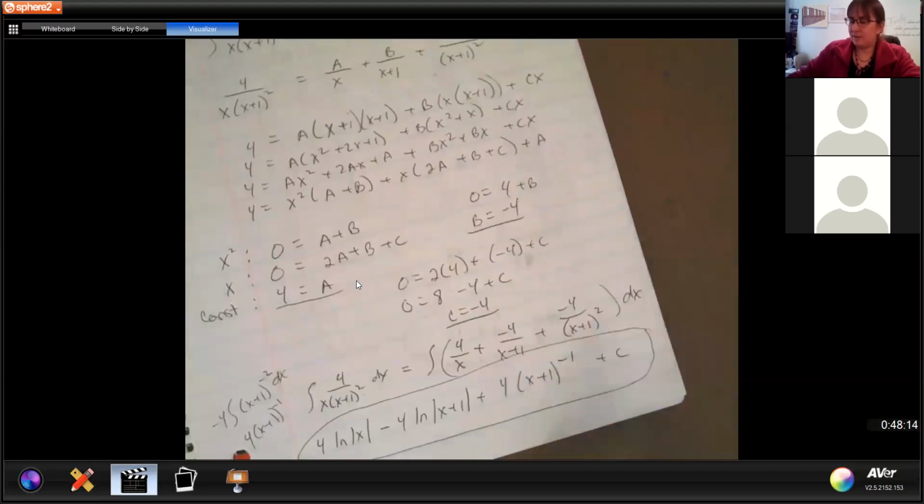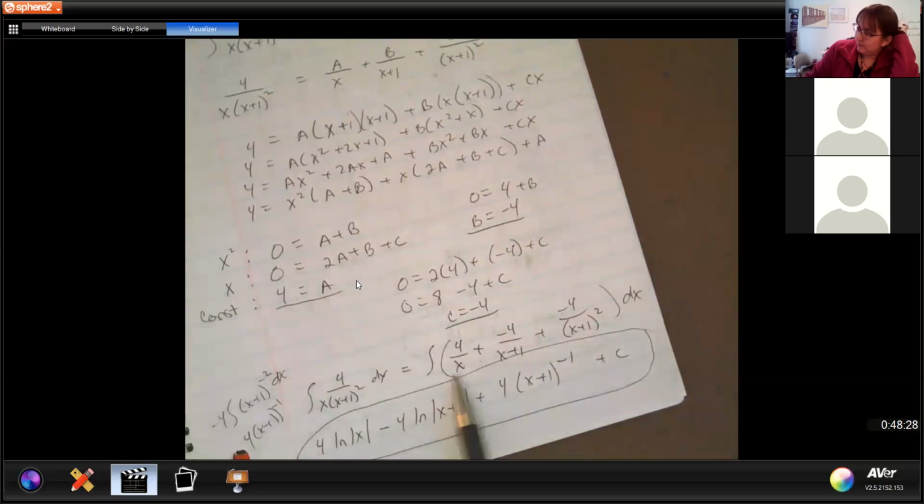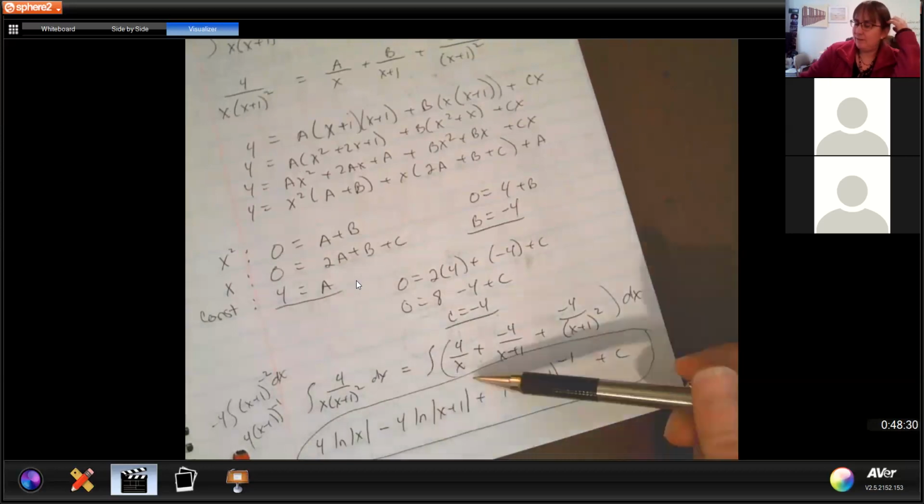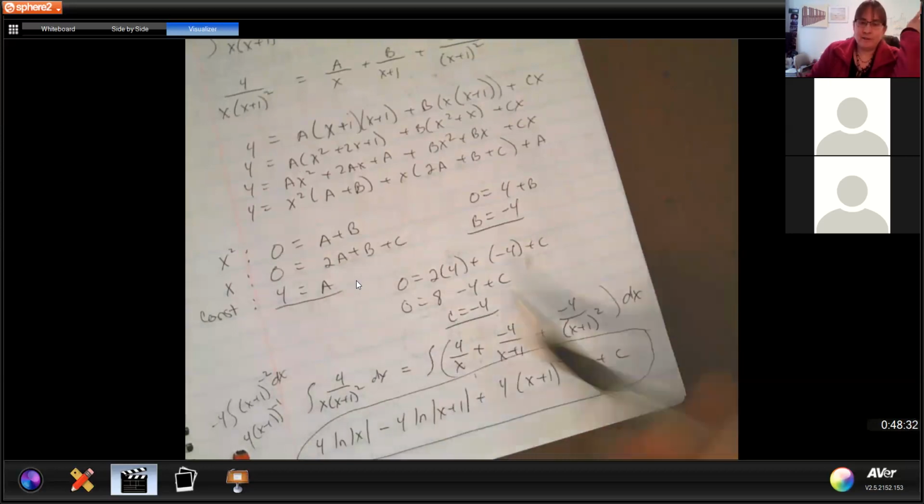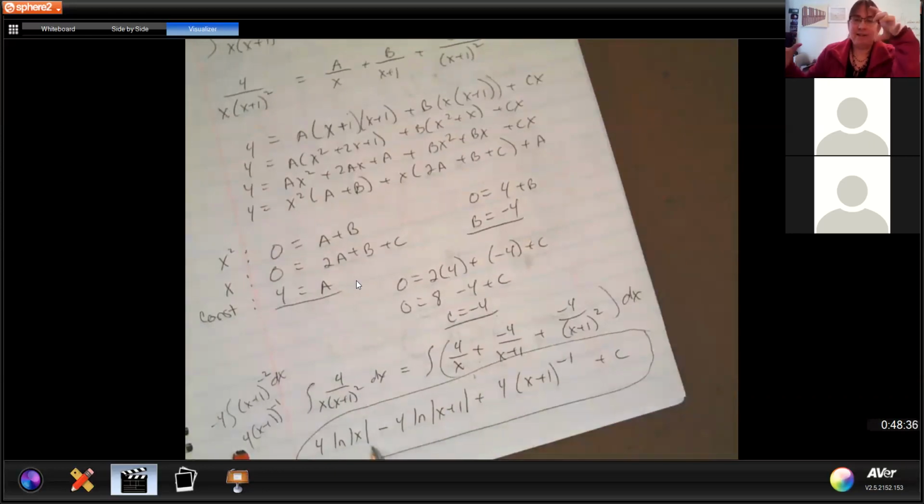So you're going to notice with these type of problems, every time you have your constant over a factor that's not repeated, it's going to be an ln of that denominator.